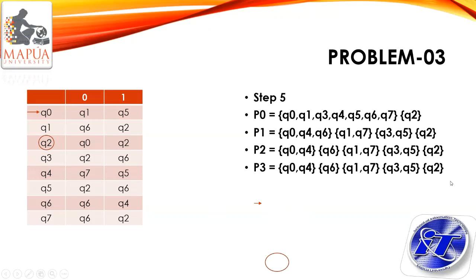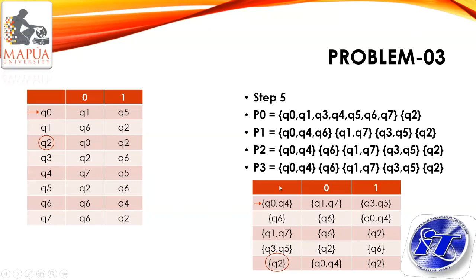So that will be our states. We have 5 states. What will be our first state? In this table, the first state is Q0. Which group contains Q0? Q0, Q4. So this will be the initial state. If it's 0, based on this table, it will go to Q1. Which group contains Q1?